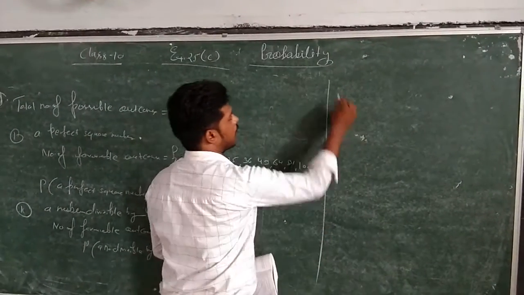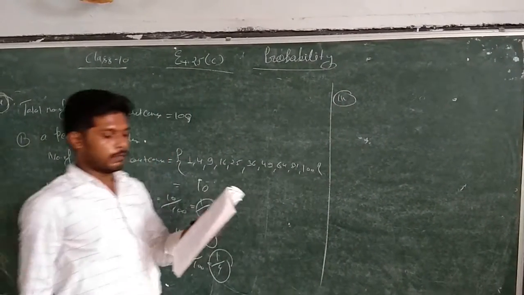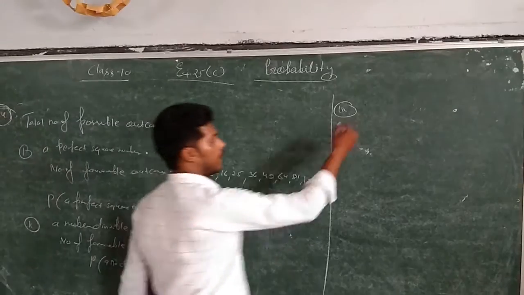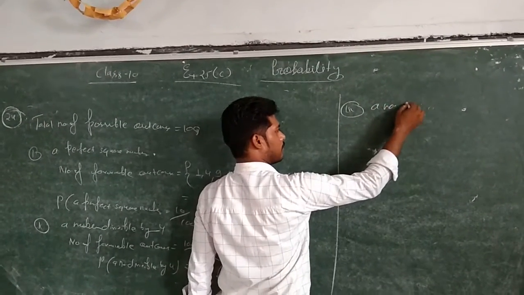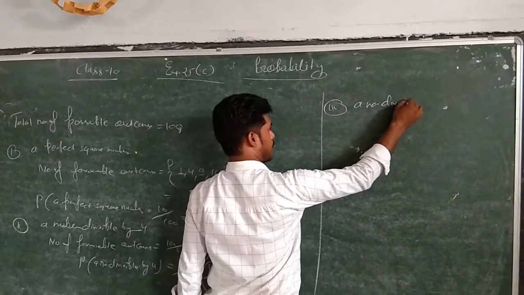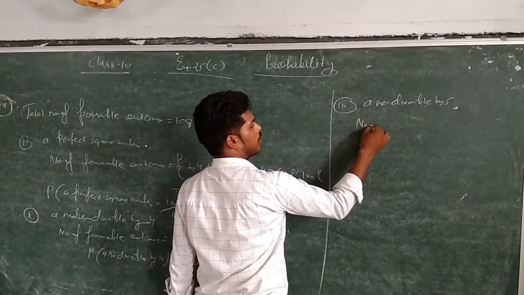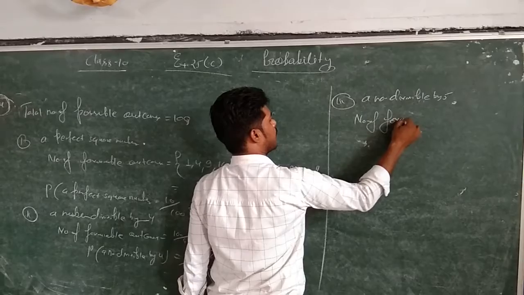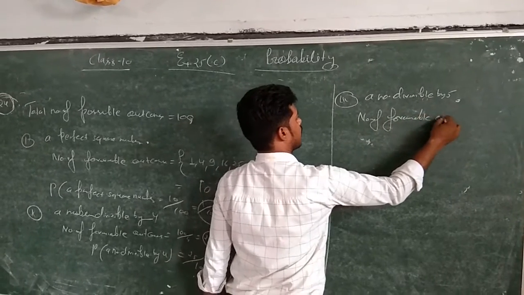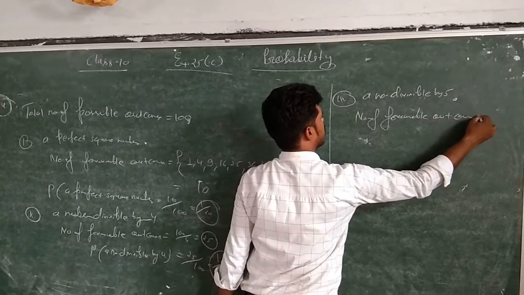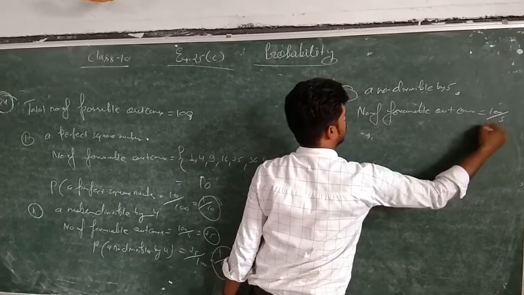Now point number 3. What is point number 3? A number divisible by 5. Probability of a number divisible by 5. So number of favorable outcomes is equal to 100 divided by 5 is equal to 20.